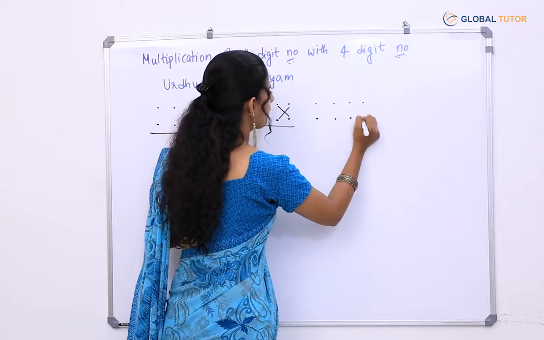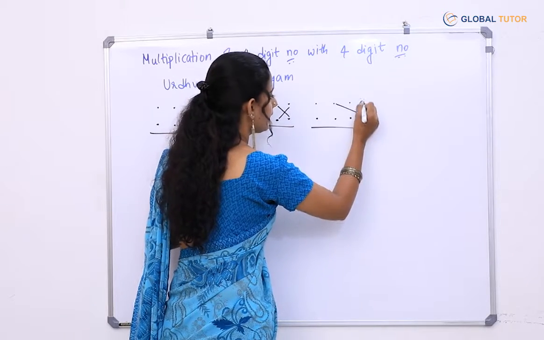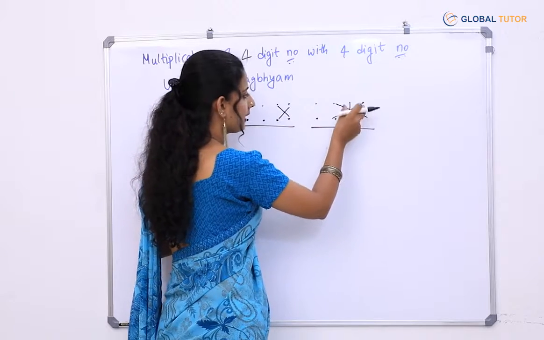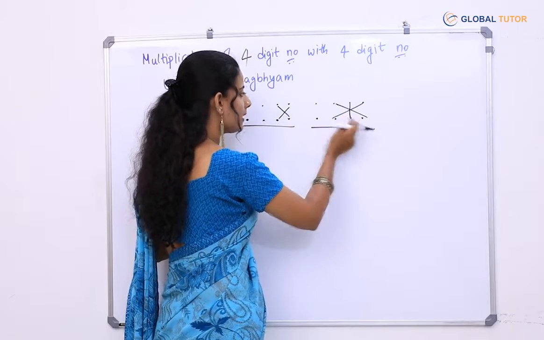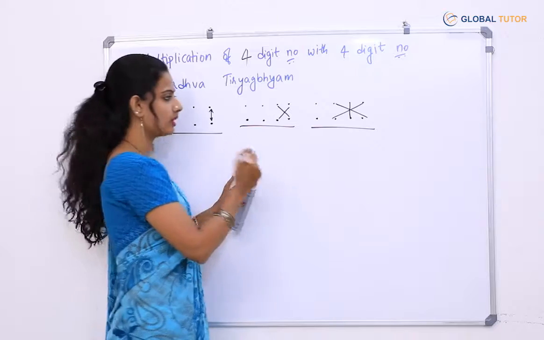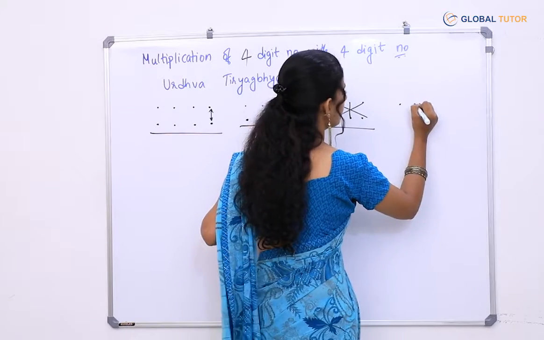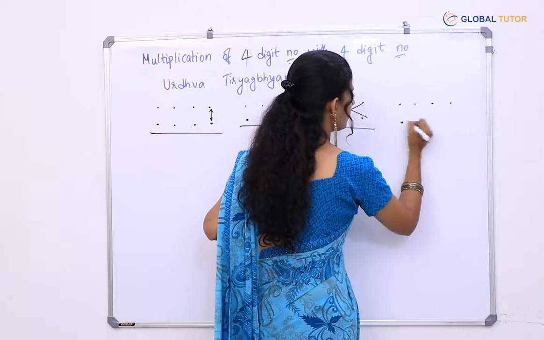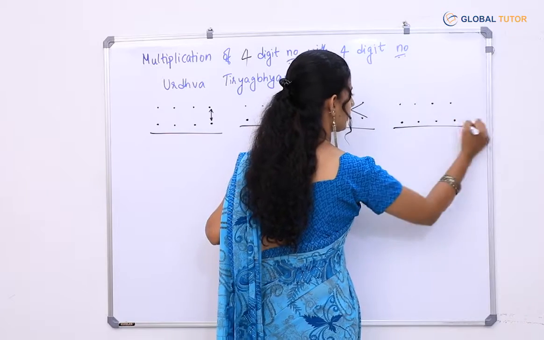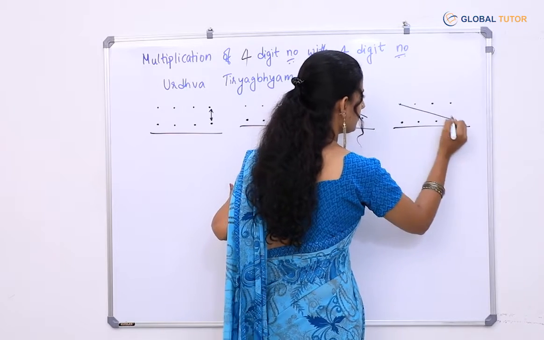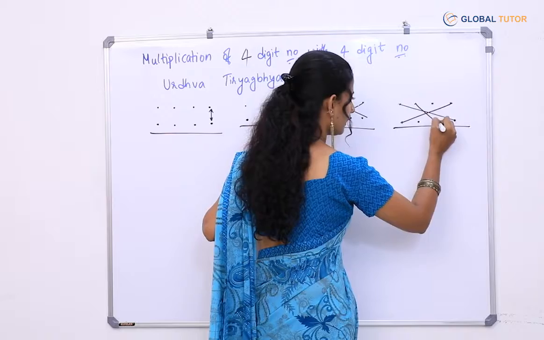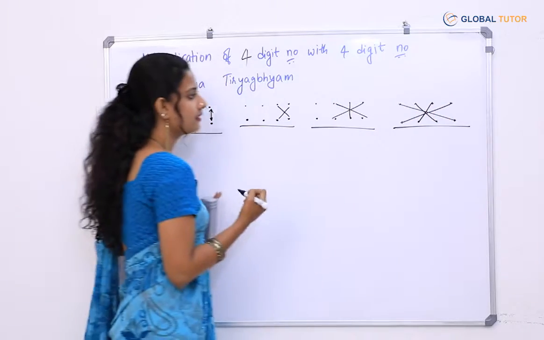And then you multiply these and this and then add all of those, plus add the carry forward number. Then in the fourth step you multiply these and then these.